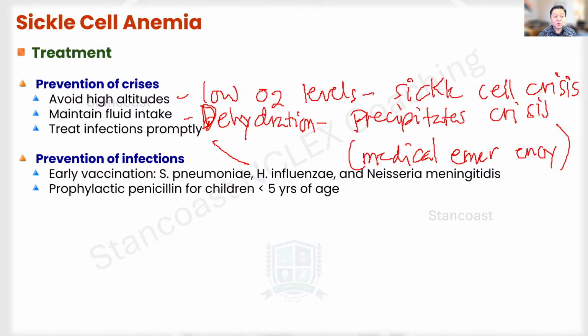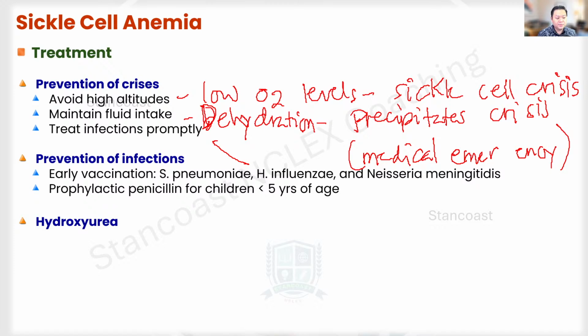Now, for children, especially less than 5 years old, they're going to be getting prophylactic penicillin, especially as they are prone to getting infections. And for the adults, we will encounter this medication we call hydroxyurea.